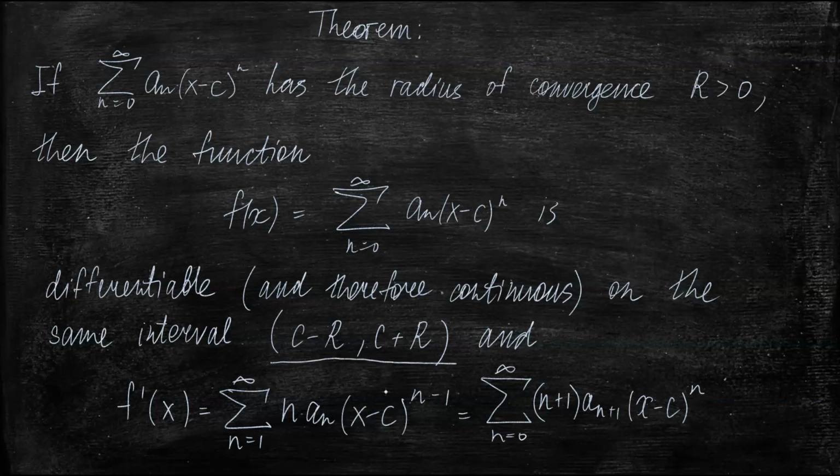The convergence may change at the endpoints, so we're not really sure if c minus r or c plus r are part of the interval of convergence of the new series. But to avoid this constant check, we're just going to keep track of the radius of convergence r.